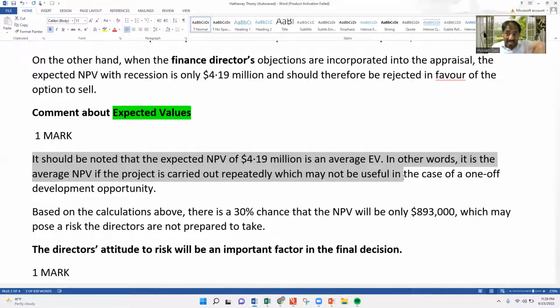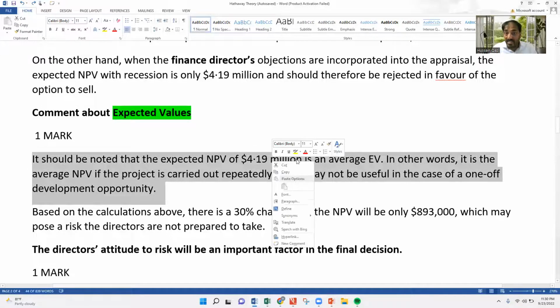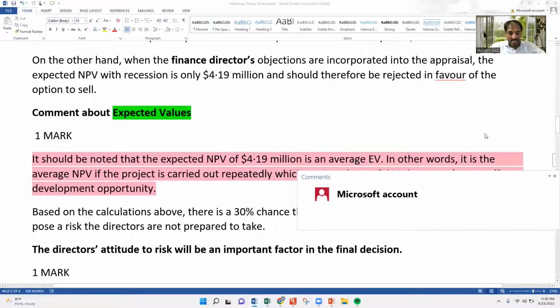One-off means expected value says things may happen at, for example, best or worst, but practically only one thing will happen. So that is called critiquing the method of expected value, skepticism.